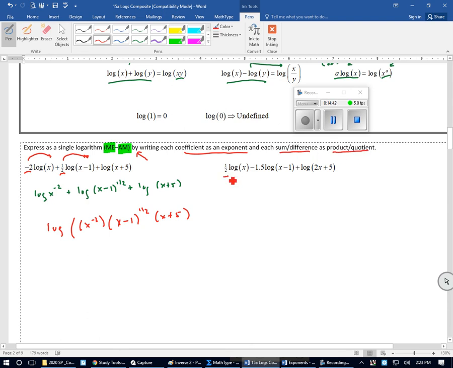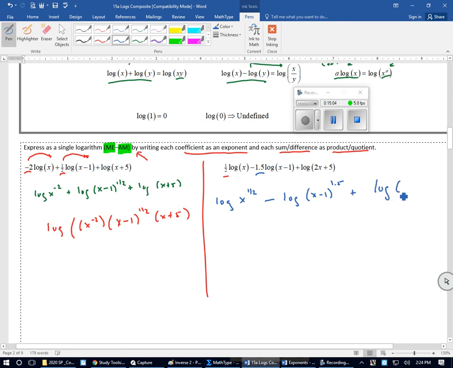I have a coefficient I'm going to write as an exponent. I have a coefficient I'm going to write as an exponent. I have a coefficient I'm going to write as an exponent. There's another way I could do that, but I'm going to skip that.